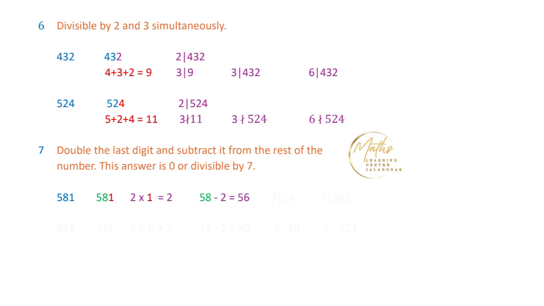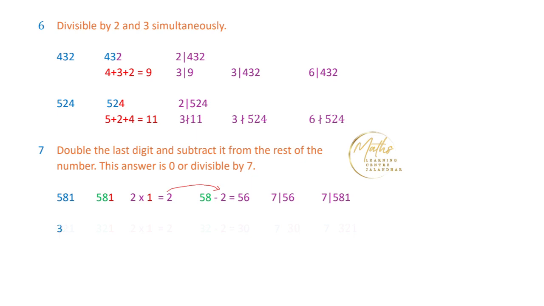Now clearly 7 divides 56. So if 7 divides 56, then 7 will divide the number 581.